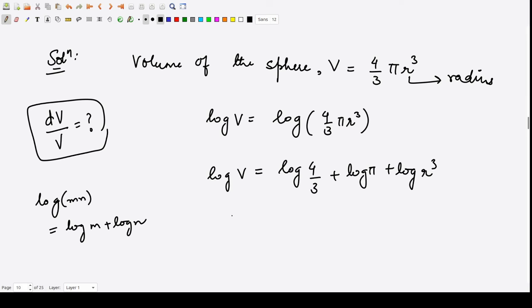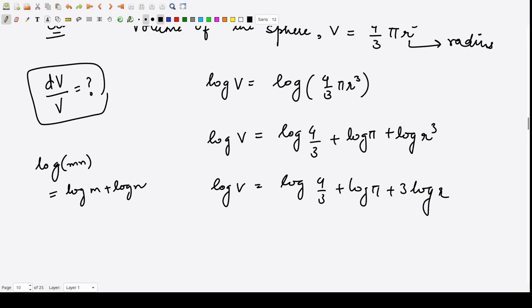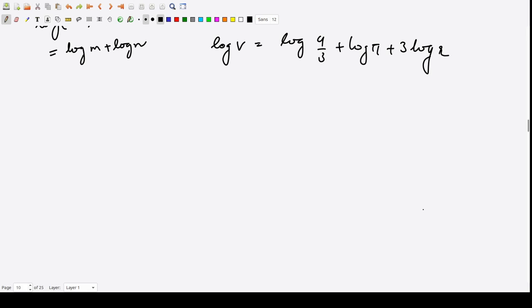Here also the power could be taken out, so log of V is equal to log of 4 by 3 plus log of pi plus 3 log of r. Now we can differentiate the given expression.